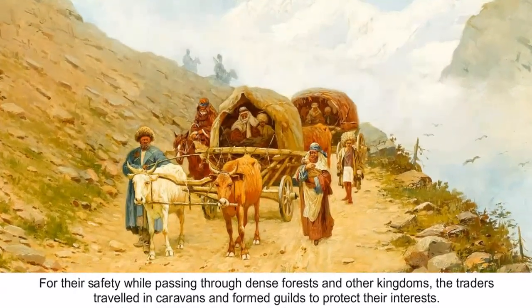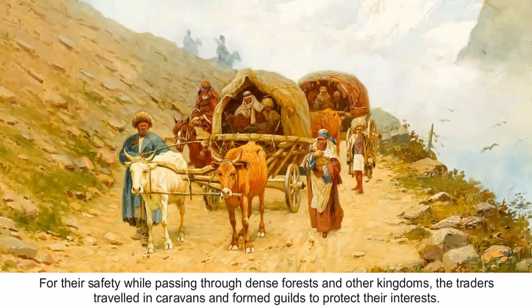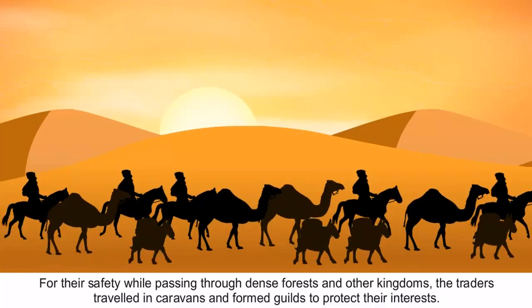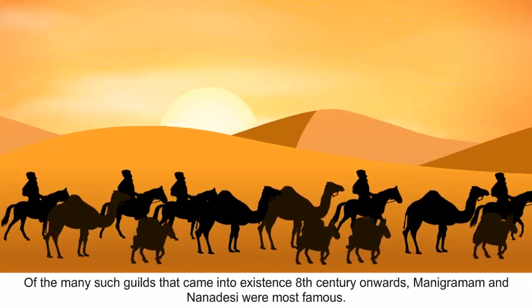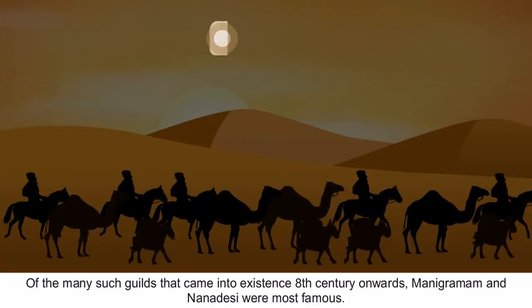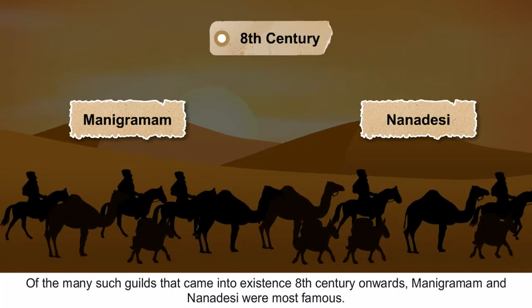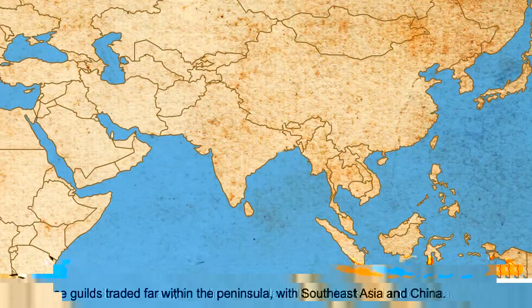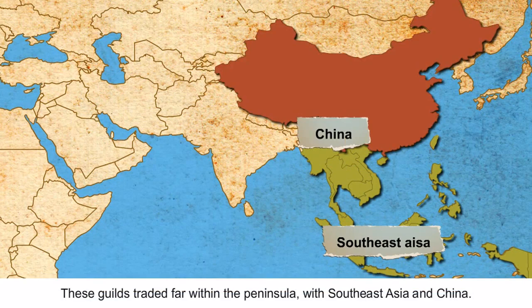For their safety while passing through dense forests and other kingdoms, the traders travelled in caravans and formed guilds to protect their interests. Of the many such guilds that came into existence 8th century onwards, Manigramam and Nanadesi were most famous. These guilds traded far within the peninsula with Southeast Asia and China.